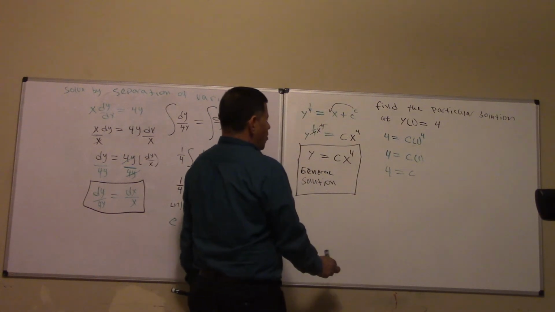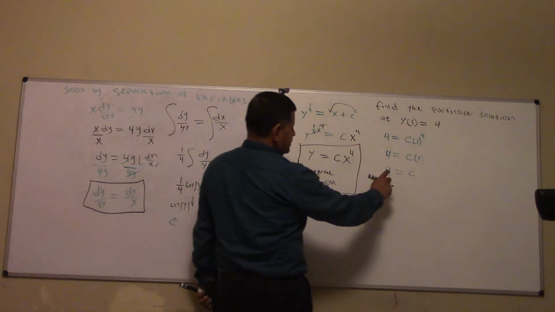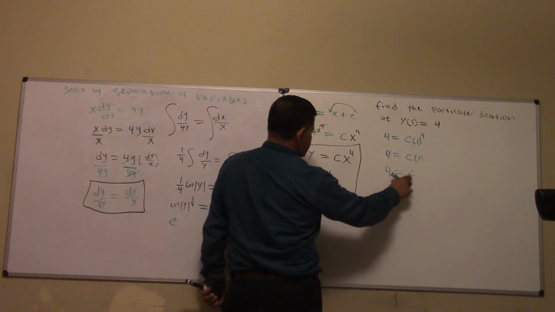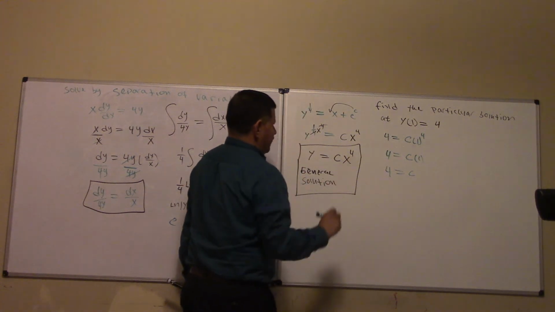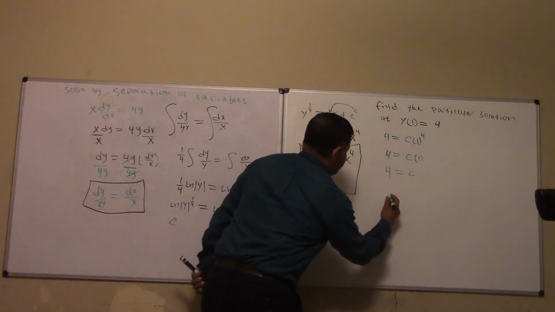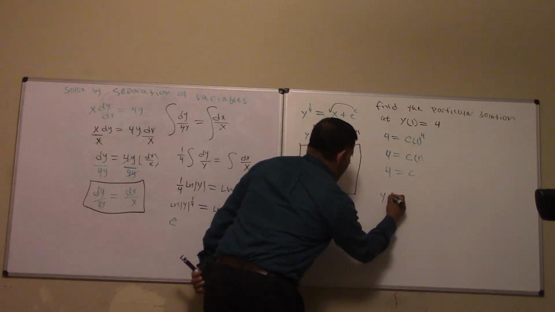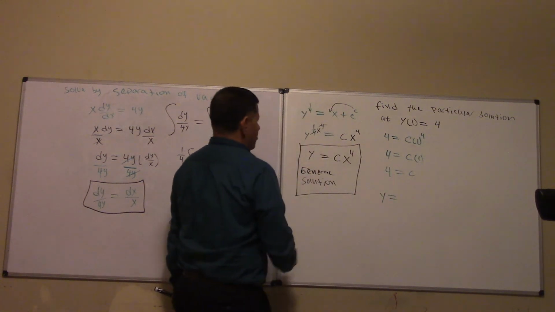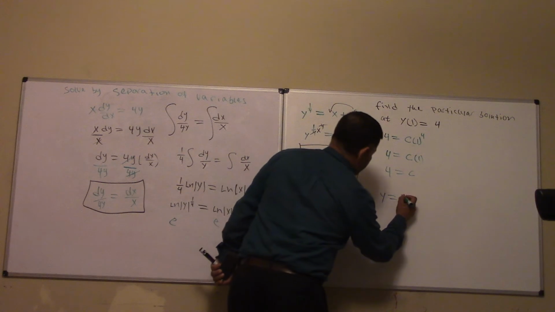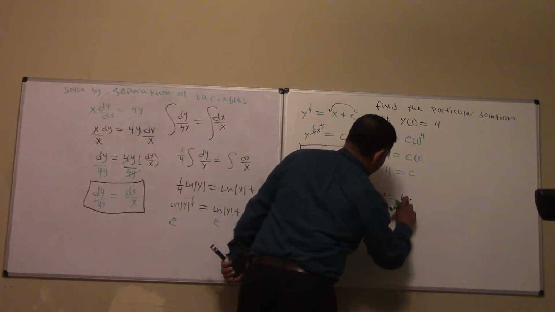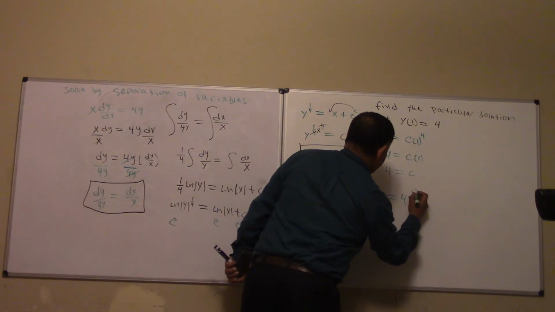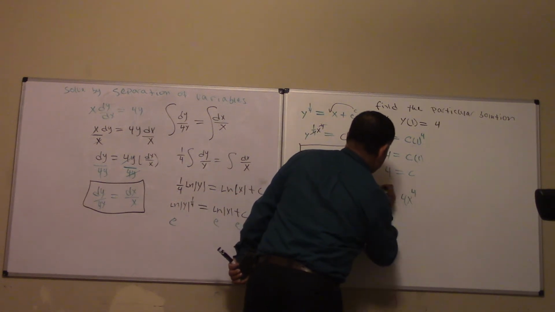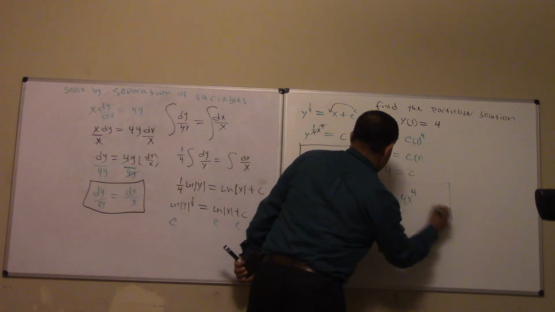So now we come here and replace c with 4, and the particular solution for this is going to be y equal 4 x to the 4th, right?